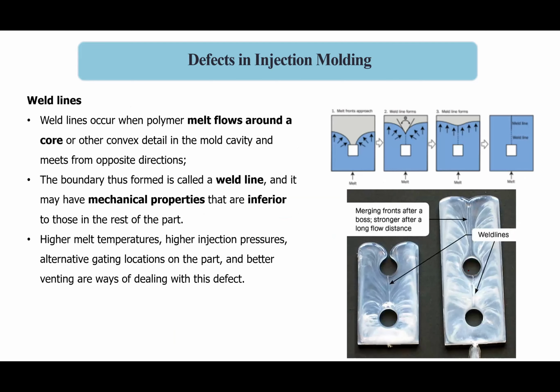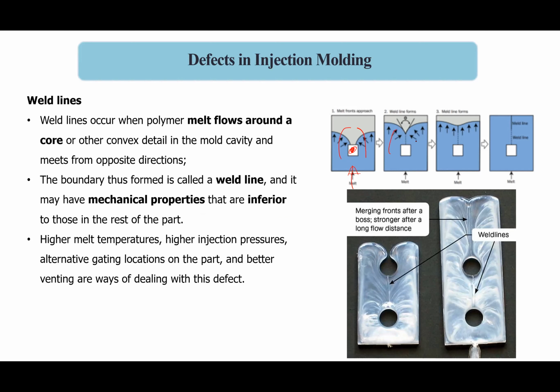Another one is weld line. This happens when there is a core placed inside the cavity. For example, you want to produce a product like this and there is a core placed, the white region is the core. The material cannot go in that place, and the material is flowing from this side, and it goes this way and this way around.